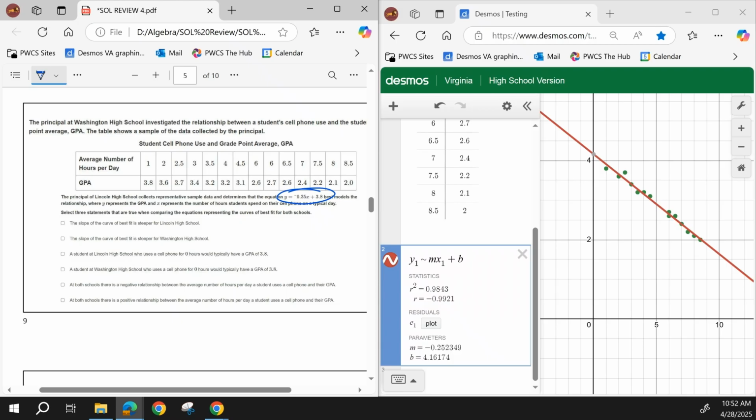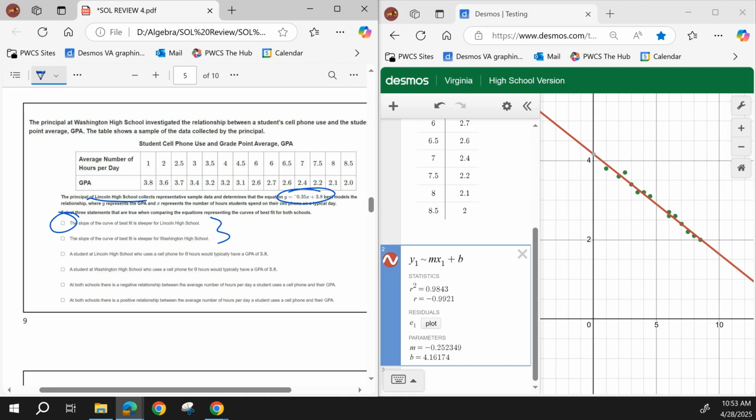So the slope there is negative 0.35 and the intercept's 3.8. And so if we look at these two, we want to pick the correct option. The slope of this new line, negative 0.35, is actually steeper. And so we would say that this school has a steeper slope.